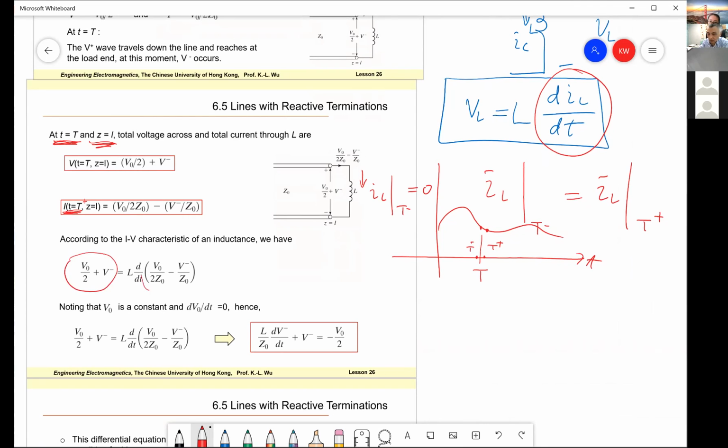Now let's see, what is this? This is a definition, right? I didn't do anything. I just use first principle. I keep saying use first principle to solve problems.